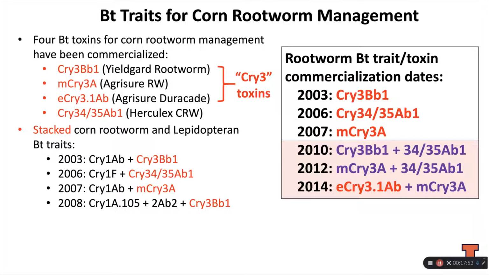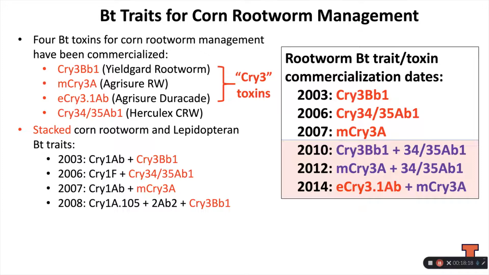They share structural similarity amongst this group. They are all based on the Cry3 toxin structure. The final one, Cry34/35, has a different structure than the other 3. So while we have 4 different toxins, we really only have 2 different types or modes of action of rootworm protection.